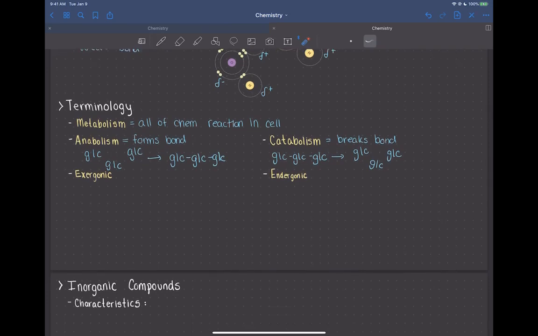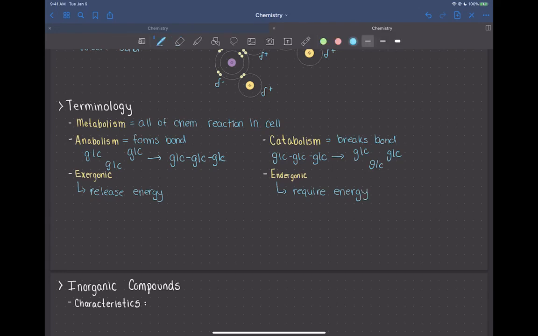Another term relating to these chemical reactions is that they can be either exergonic or endergonic. Exergonic means that they release energy, and endergonic would be a reaction that requires energy.